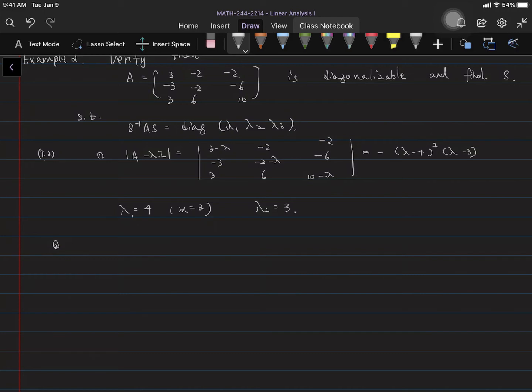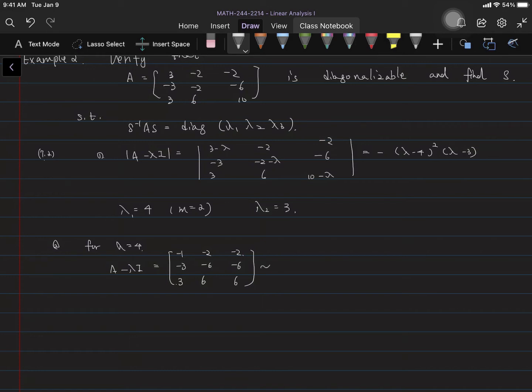So for lambda equals 4, A minus lambda I equals 3 minus 4, negative 1, negative 2, 2, and then negative 3. Here negative 2 minus 4 should be negative 6, and 3, 6, 10 minus 4, which is also 6.